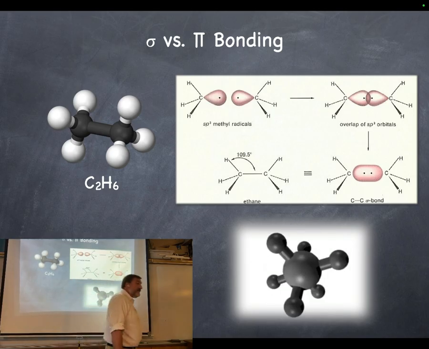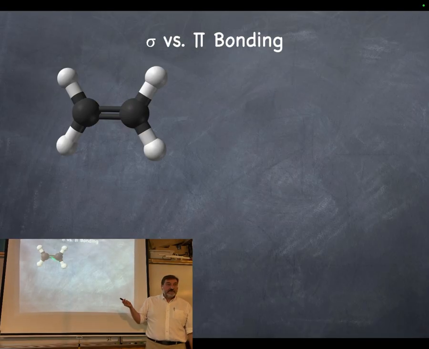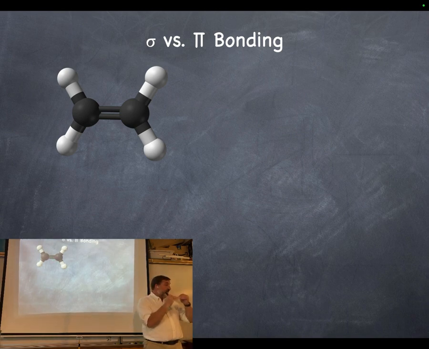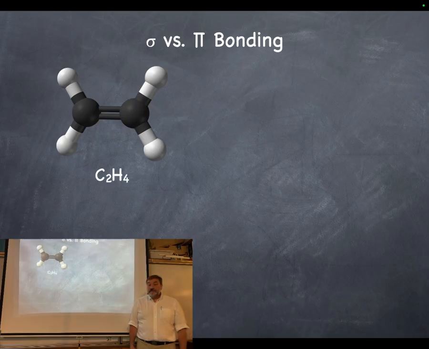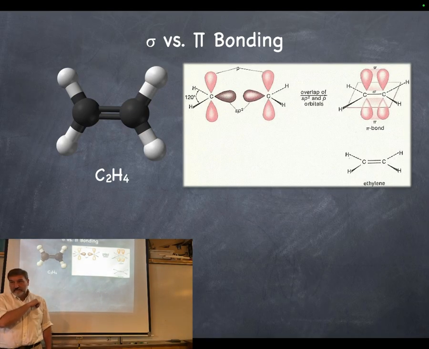The other type of bonding, and this is where all the double and triple bonding stuff comes in, is a situation where you have a double bond. You can only have one sigma bond because there's only one line connecting the two nuclei. The other bonds have to form parallel to that.